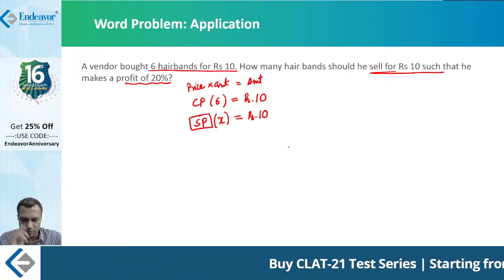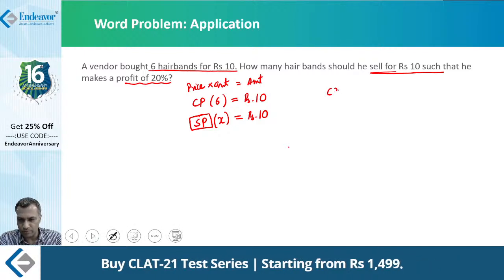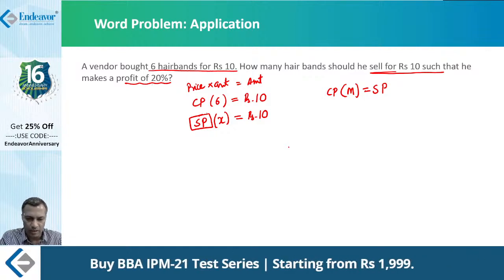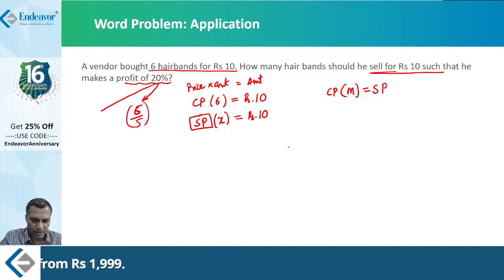If there is a profit of 20%, this is what you do. Cost price multiplied by the multiplier related with profit or loss is nothing but the selling price. What is this 20% we are talking about? 20% is a profit. Therefore, the multiplier related with 20%, as we all know by now, is 6 by 5, because the fraction related with 20% is 1 by 5.